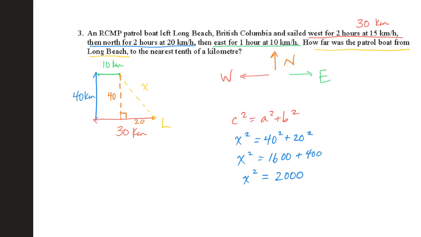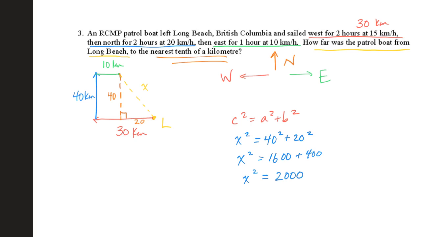Okay, I know how to get rid of that squared. That means I'm going to take a square root, and I'm going to have to calculate the square root of 2,000. Now, when I calculate that square root of 2,000, this is where my eyes have to go back to the rounding rule. Notice that this question gives me a rounding rule, and it tells me that I have to round to the nearest tenth of a kilometer.